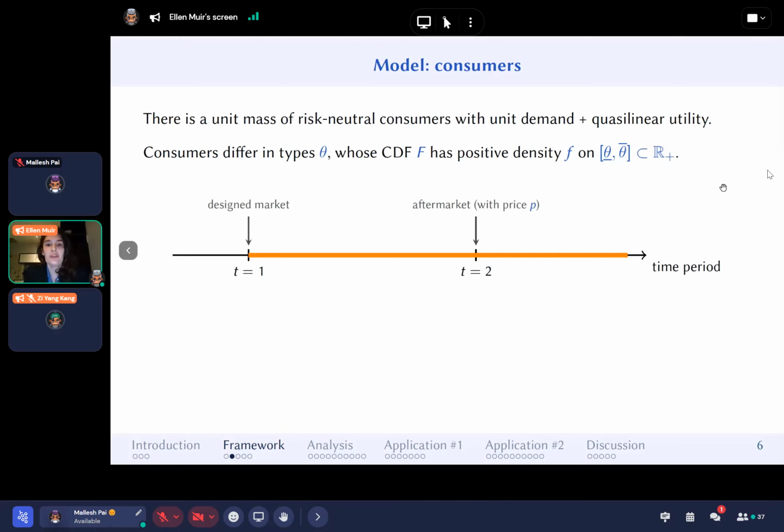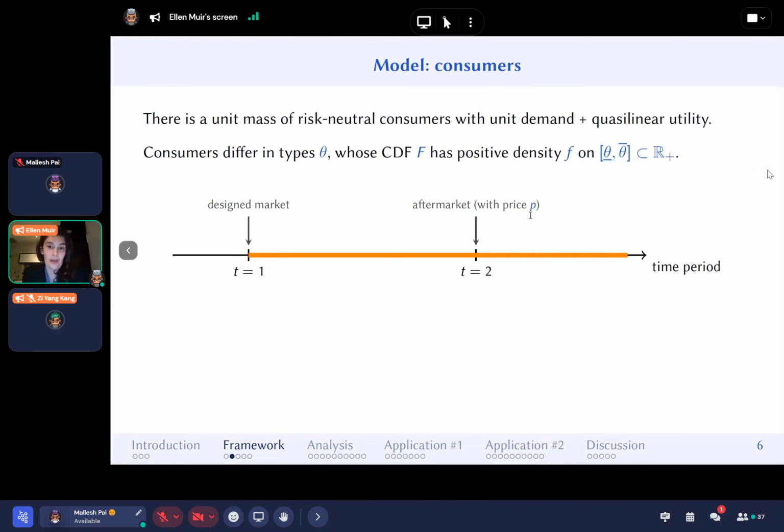As I was alluding to earlier, at time t equals 1, our mechanism designer is going to be designing the primary market. Following this primary market, there's going to be a realization of an aftermarket, and we're going to let p denote the price in this aftermarket.